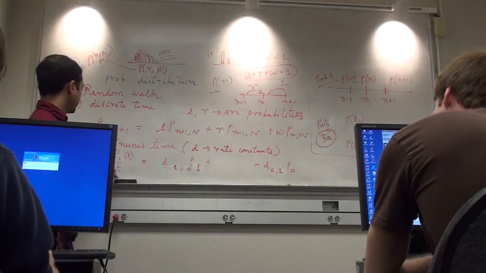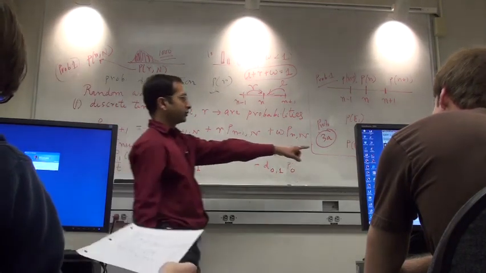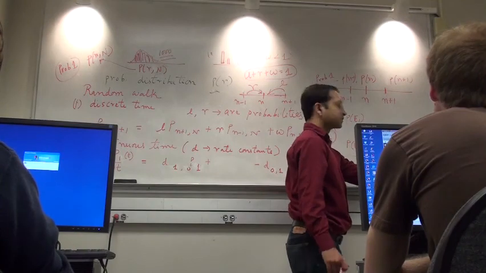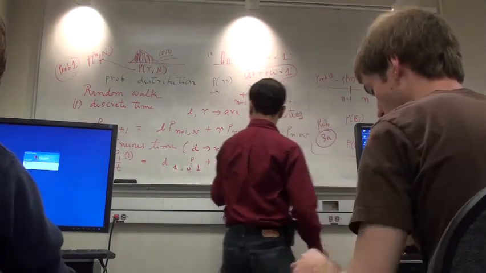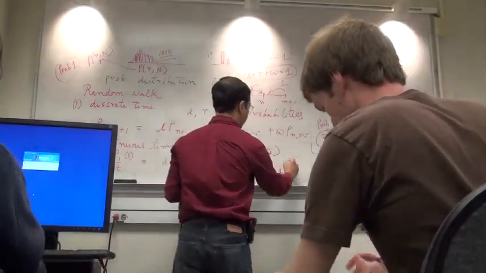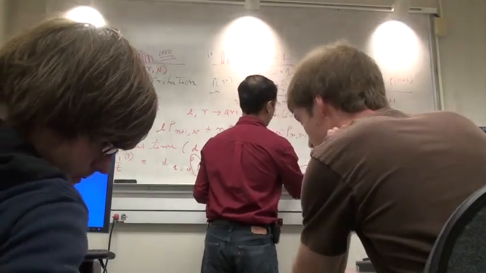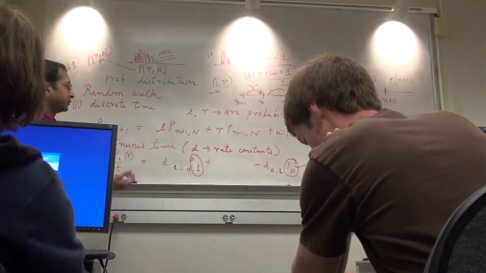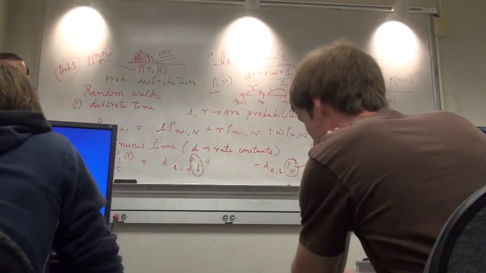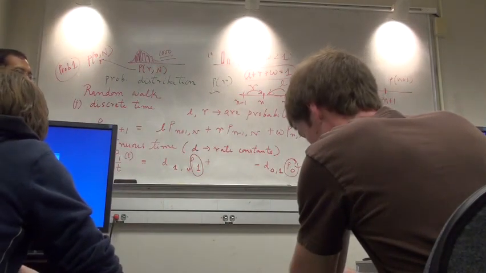So you see this dP1 dt, but now I told you that probabilities must add up. So this P1 and this P0 are not independent. So you can replace P0 by 1 minus P1. So basically you end up with an equation in P1, which is a first order ordinary differential equation which you can solve.